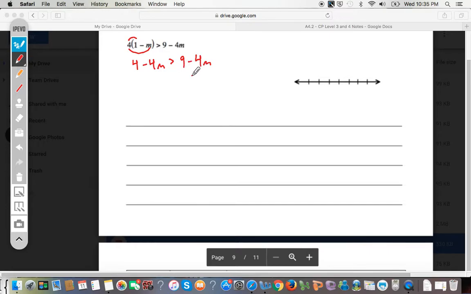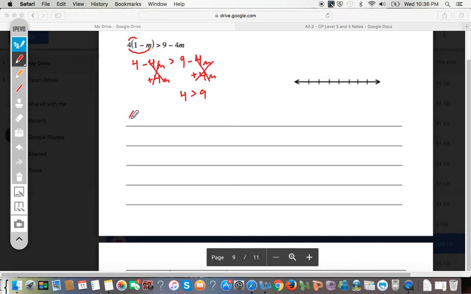Okay, so I'll add 4m to both sides. Oh, whoops. So, cancels over here. I have negative 4m plus 4m over here, so that cancels as well. So I'm left with 4 is greater than 9.